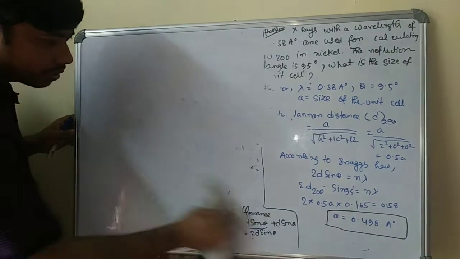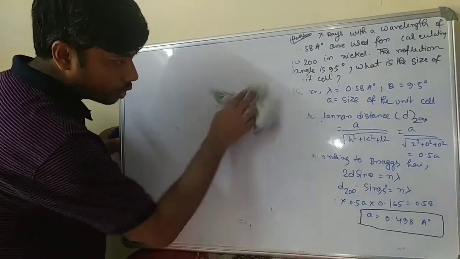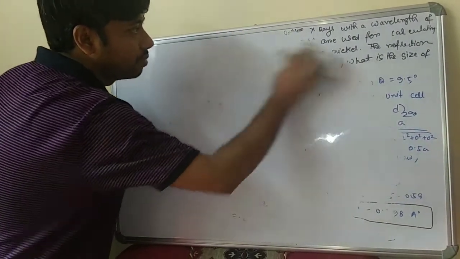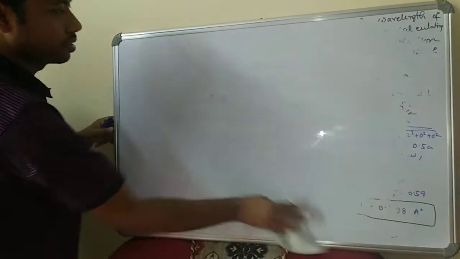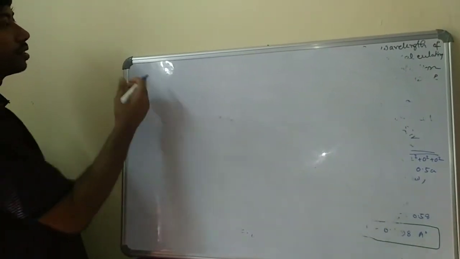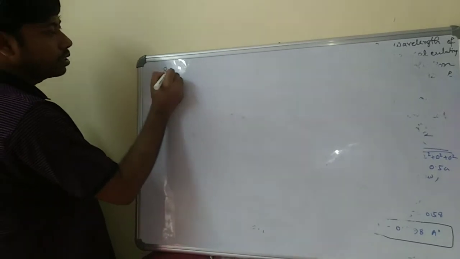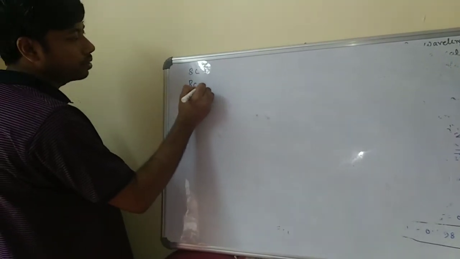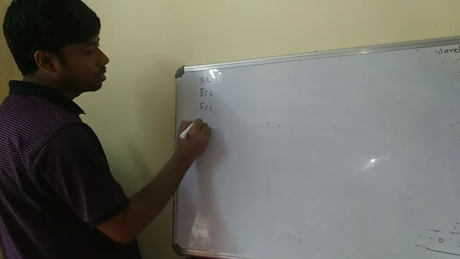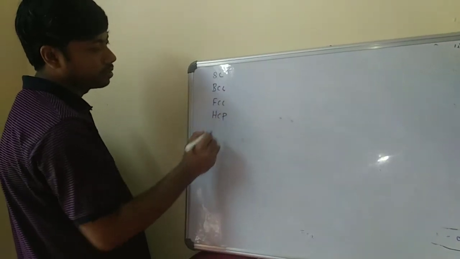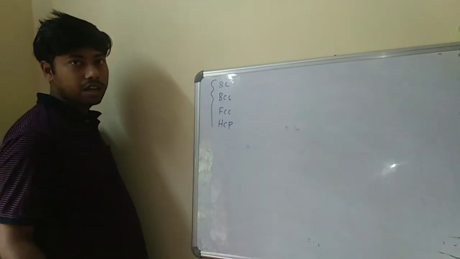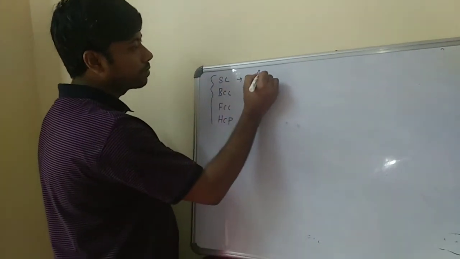We already covered this topic, atomic packing factor. Please tell me for simple cubic, for body centered cubic, for face centered cubic, for hexagonal close packed. So these are the different crystal structures.